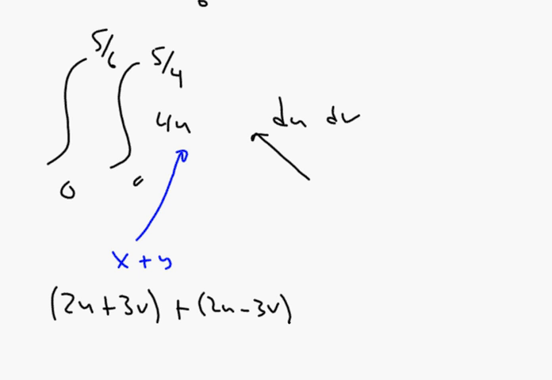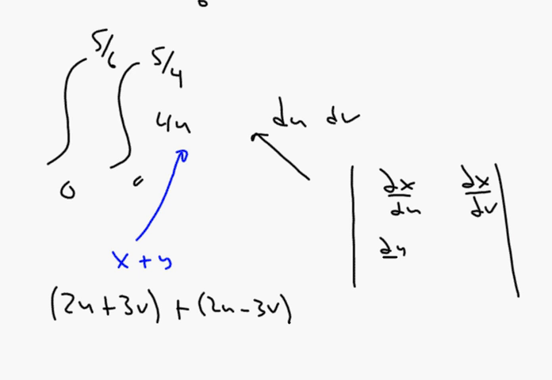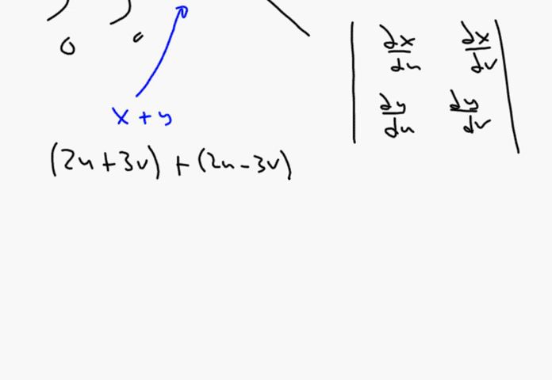The Jacobian is going to look like this: partial x, partial u, partial x, partial v, and then here, partial y, partial u, partial y, partial v. If we look at the transformation next to it, it'll remind you what it was. This piece right here is equal to x, and that piece is equal to y.